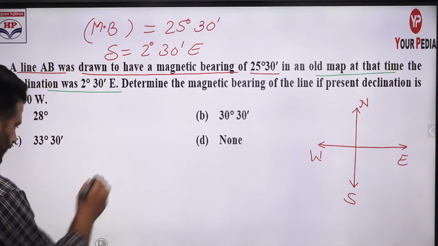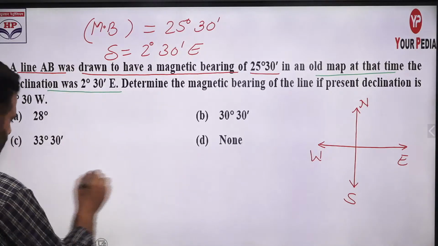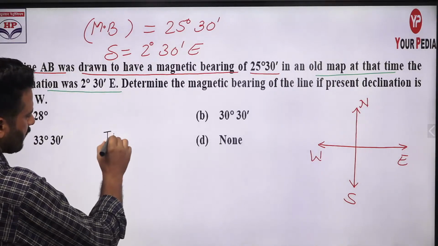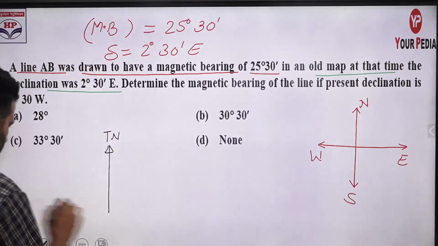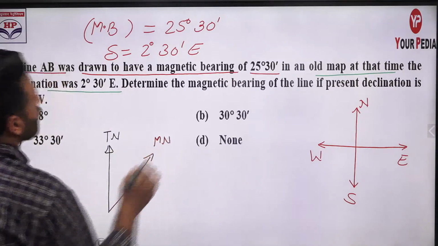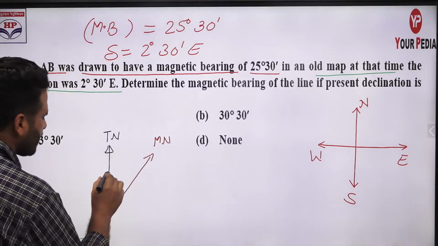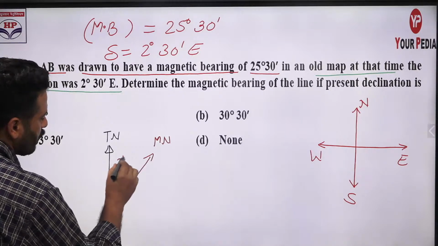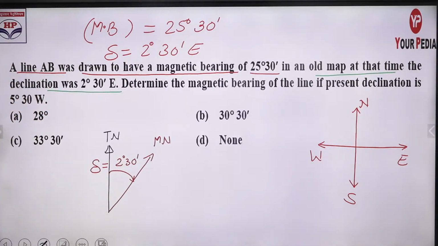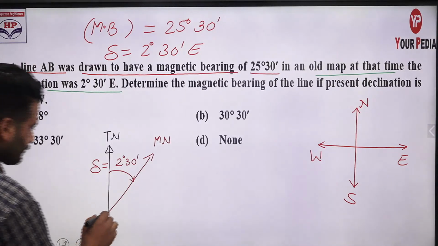So here, let this black line be your true north and this red one is magnetic north. So what is the declination, guys? 2 degree 30 minute. This one, this is 2 degree 30 minute. Find declination at B delta. So now magnetic bearing was 25 degree 30 minute.